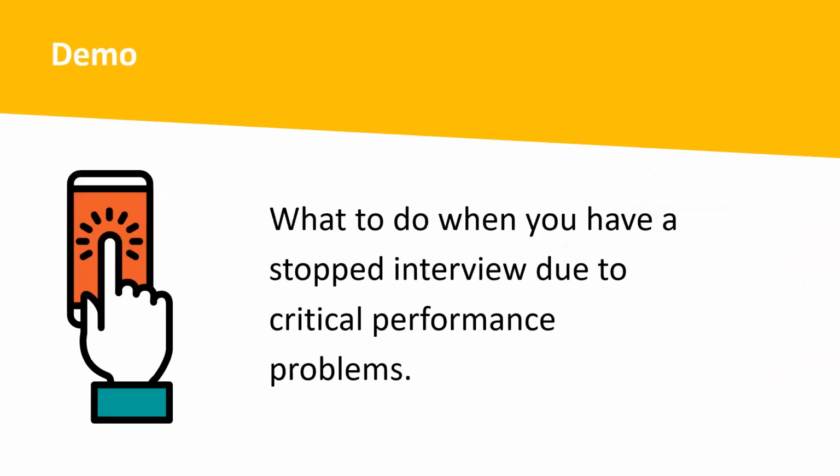So, next demo. How does that actually look when we stop an interview? What does the respondent see, and what can you do once this has happened? So, not here.